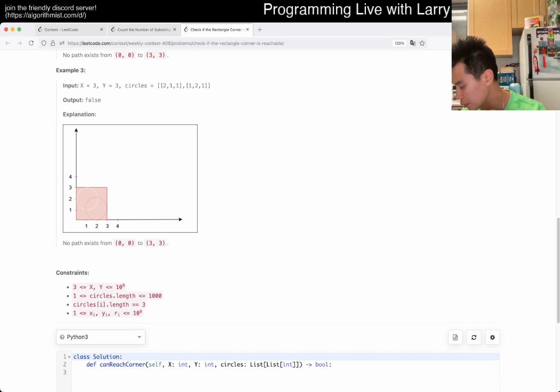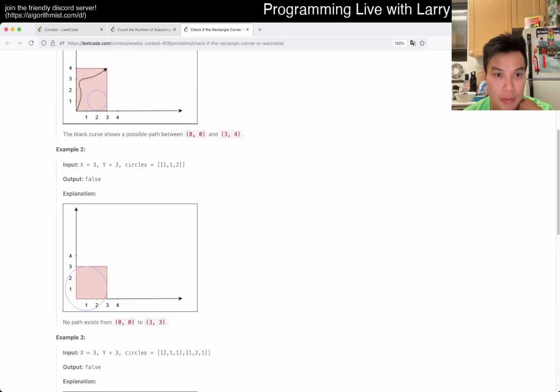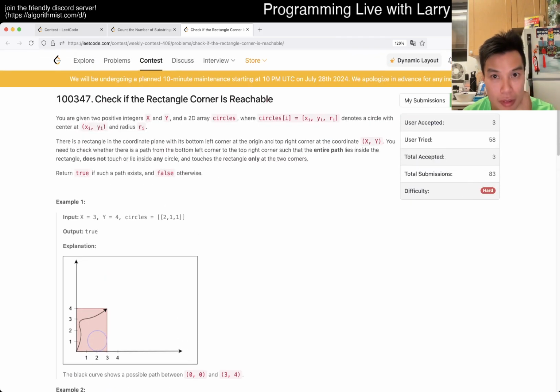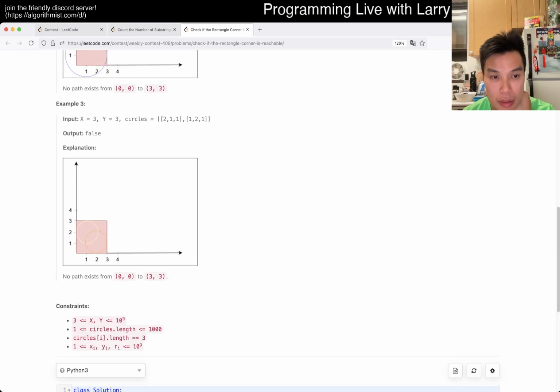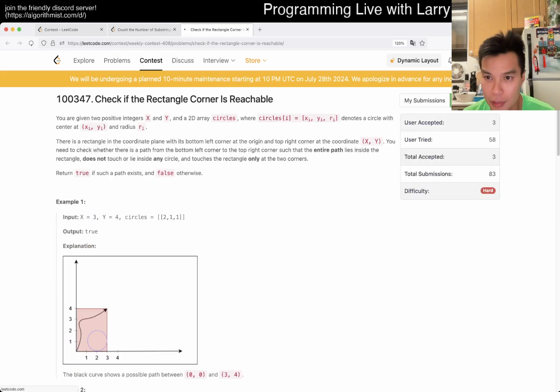Wait, that doesn't mean anything. The sweep line's a little bit awkward. So I have to kind of define. Okay, so going from one diagonal to another diagonal, what does it mean?